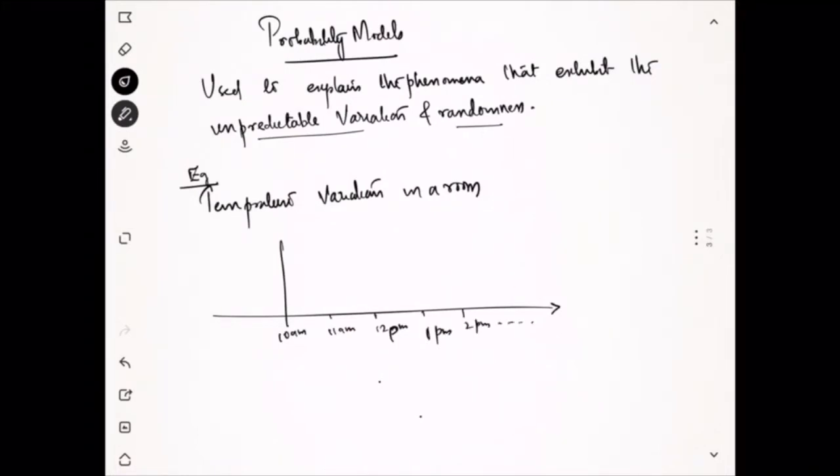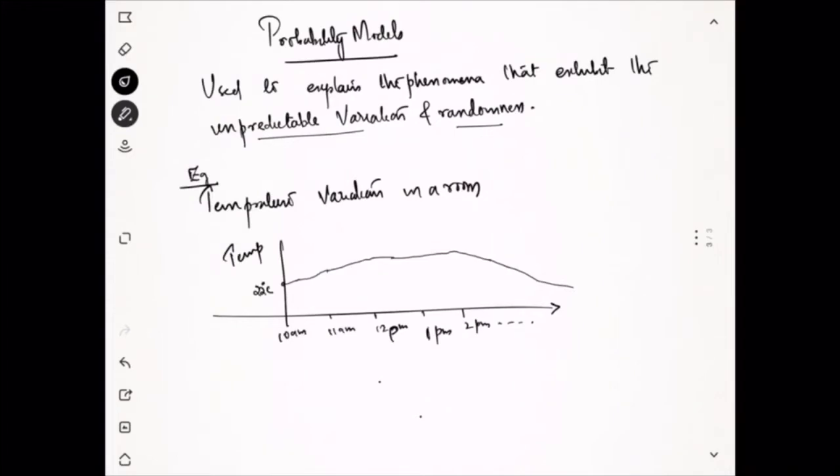Now on the y-axis we consider the temperature. The temperature in the room around 10 a.m. was 22 degrees Celsius. As the time increases, the temperature may be slowly changing, and it may sometimes reach the peak, and after some time you can see it is varying, right?